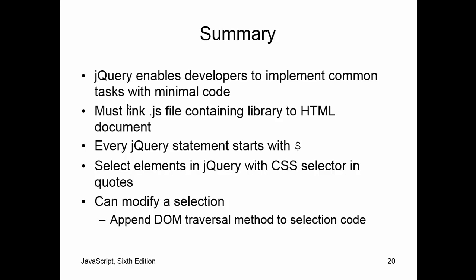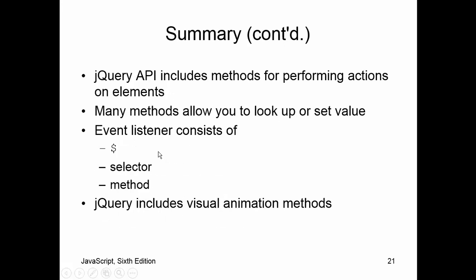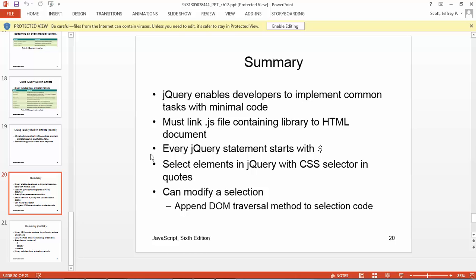Every jQuery statement starts with a $ sign. jQuery works mainly with CSS selectors. You can modify the DOM with jQuery. jQuery has its own event listeners, its own methods, its own attributes, and it allows you to do some really cool stuff with animation. That's pretty much it for Chapter 12.